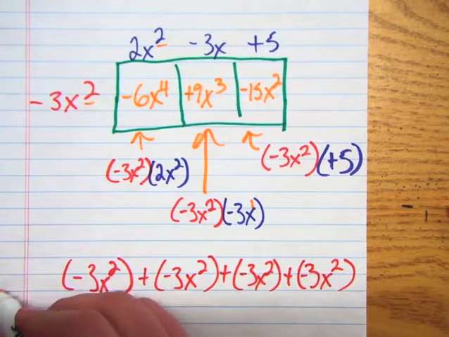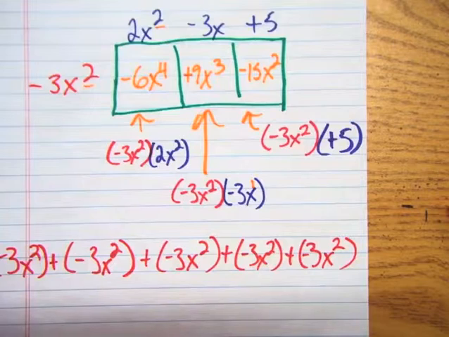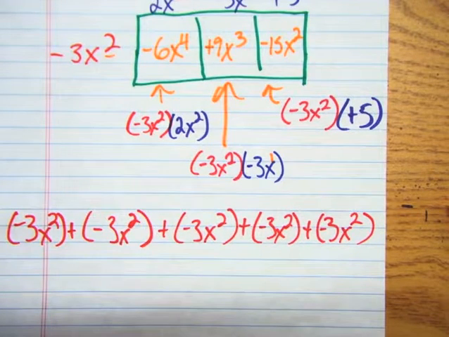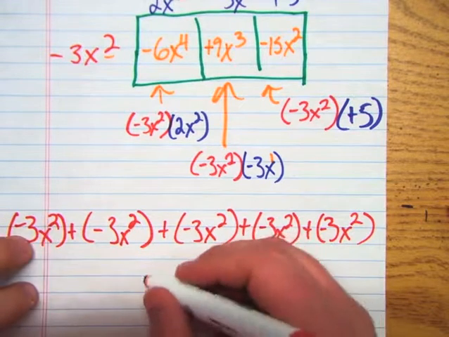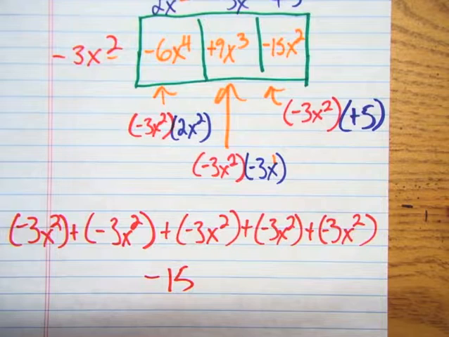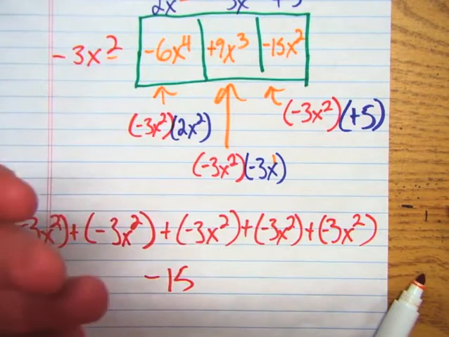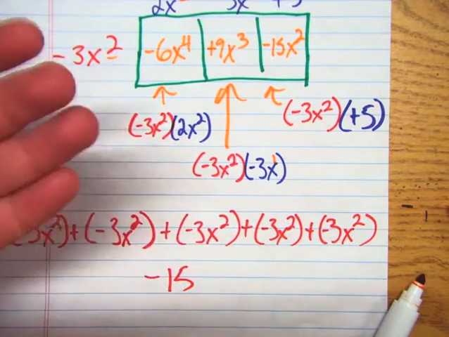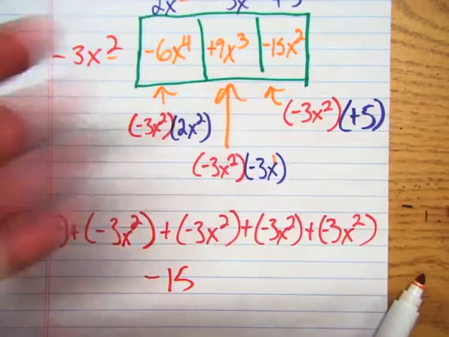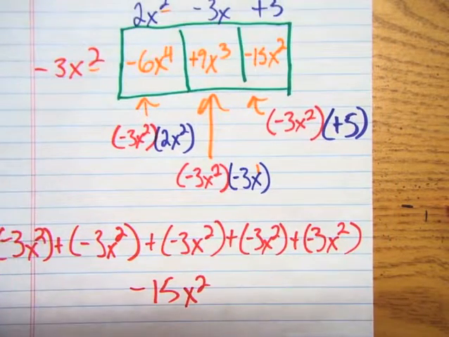And we'll put one right in the front. I drew my numbers a little too big. Okay, so now when I add up all those negative 3's, what am I going to get? Negative 15x squared. That'd be like saying I've got 1 marker in my hand, now I have 2 markers. I could say I have 1x squared in my hand, 2x squared, 3x squared, so I got negative 15x squared. Okay?